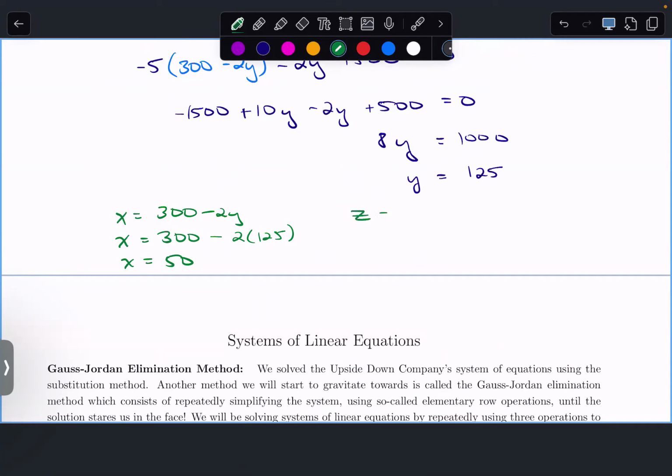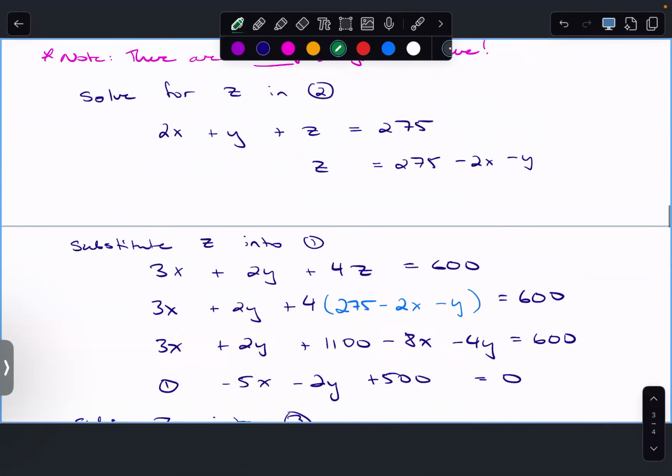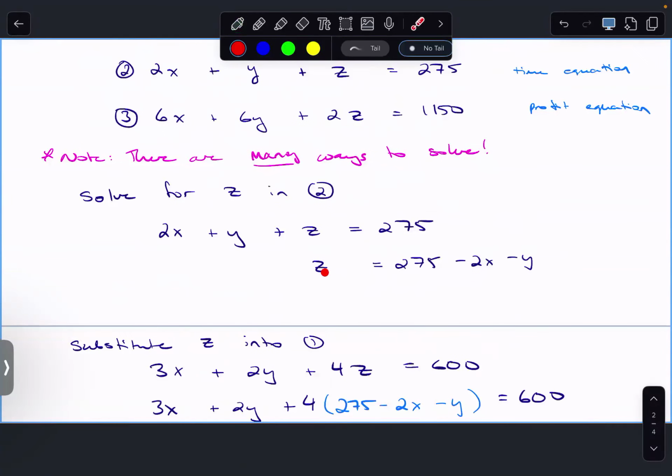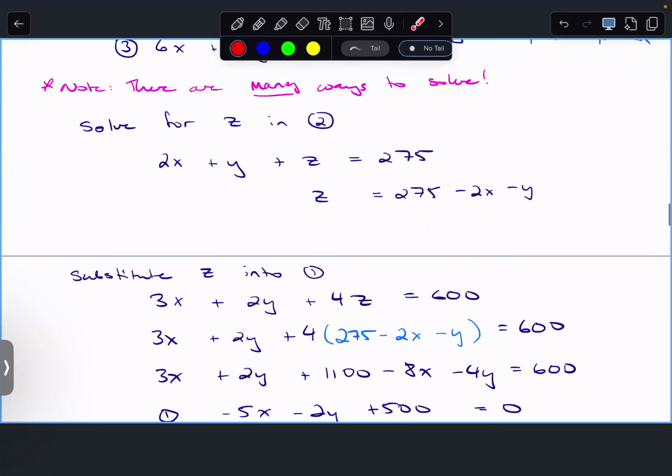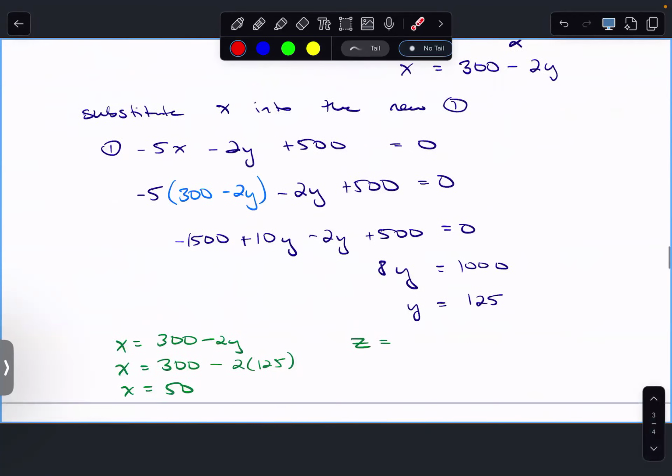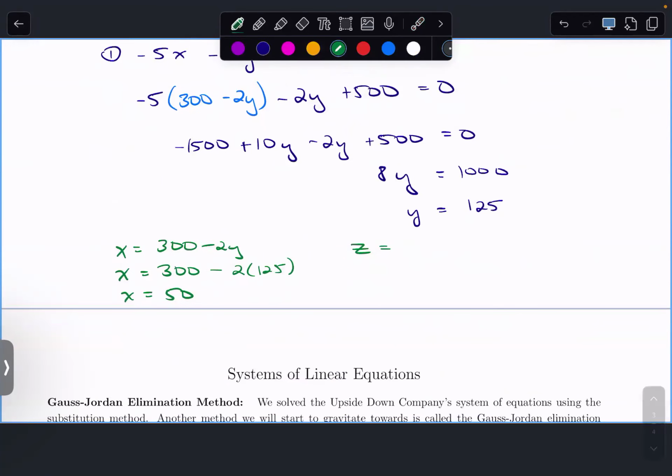And we also know from way at the beginning, z is 275 minus 2x minus y. Now I have a value for x and I have a value for y. And so I can easily solve for z: 275 minus 2 times 50 minus 125.